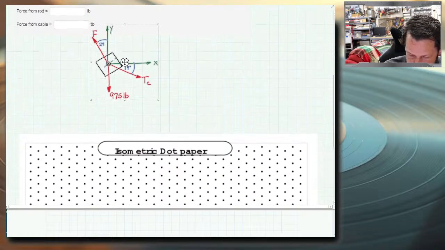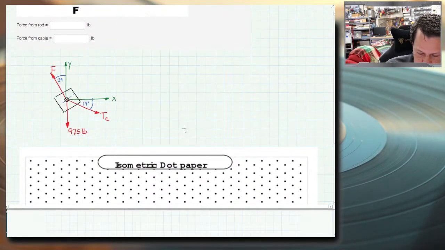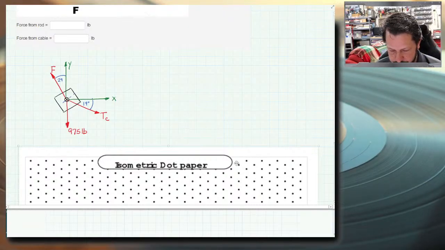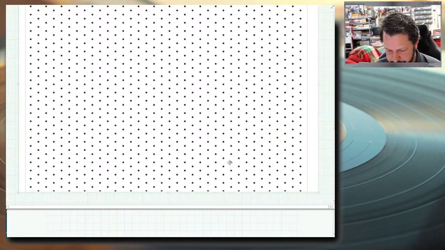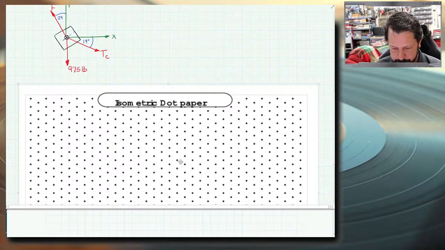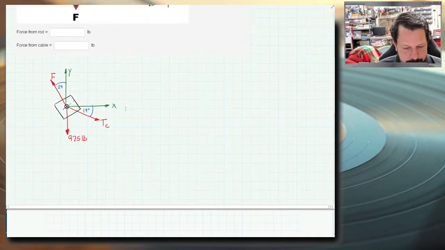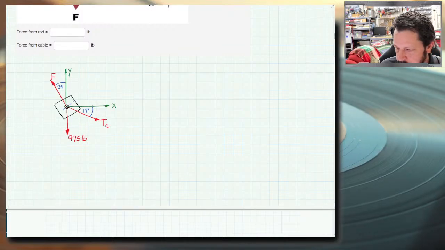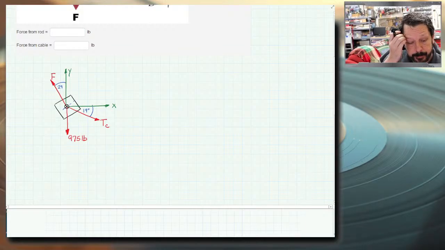Oh yeah, that's in our way, we'll get to that in a minute. That's for the 3D stuff, we don't need that yet. All right, back to here. So now I've got my free body diagram of my 2D concurrent force system.